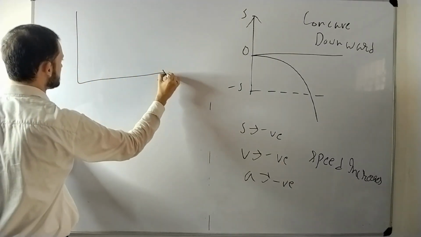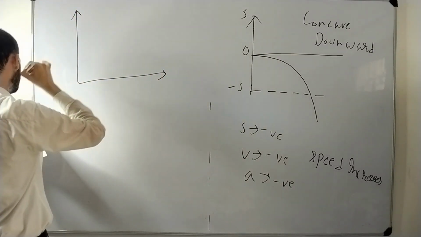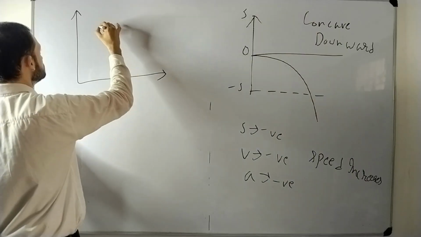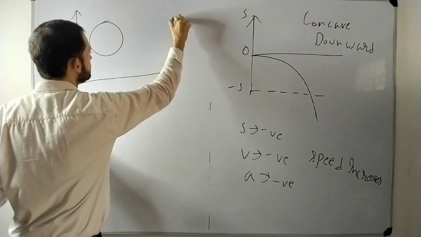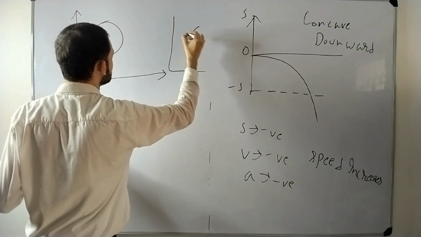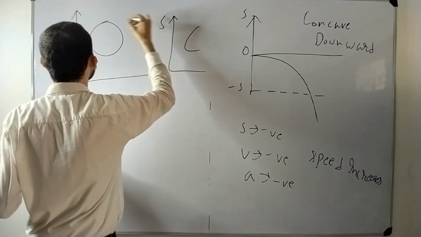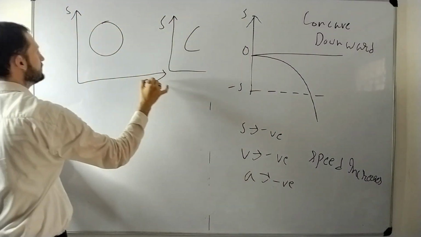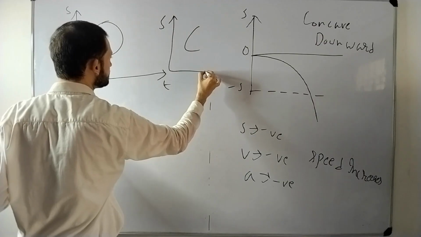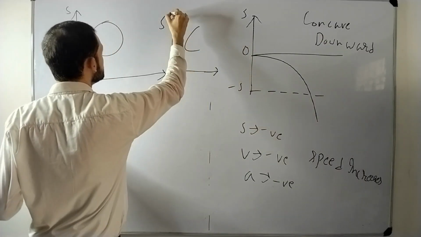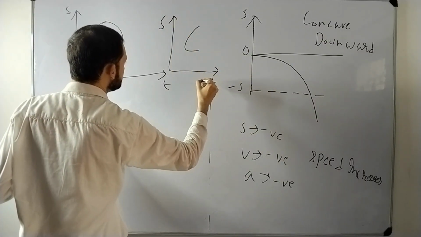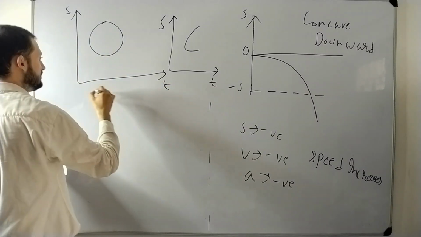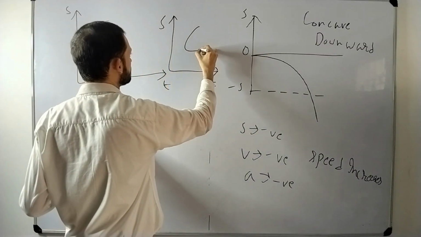Now spatial graphs. This is one graph, this is the second graph. Let me explain both graphs to you. So these are impossible graphs.